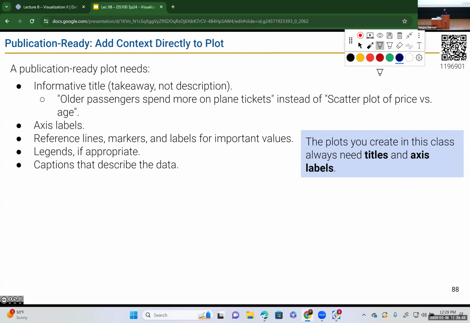So we talked about a lot of things, but the takeaway is that everything we do depends on the context. Now you have the tools and you know two libraries that you can use to make different plots. You know that depending on the type of the variable, you can make different plots to show a distribution or to show the relationship between two variables.